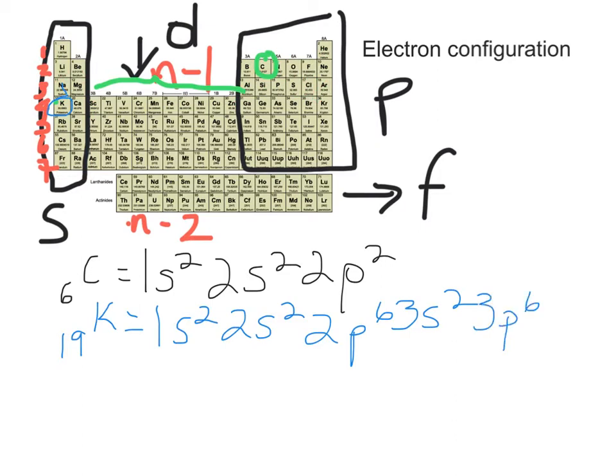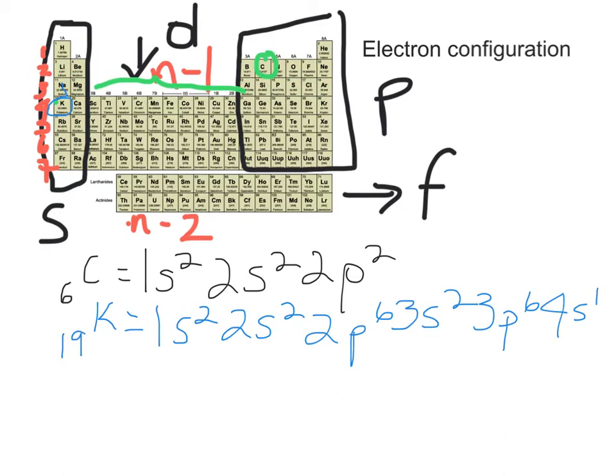And now we just need to name this last one for potassium. What would be the name of this last level? 4, right? S, because this is in the S block: 4S1. Very good.